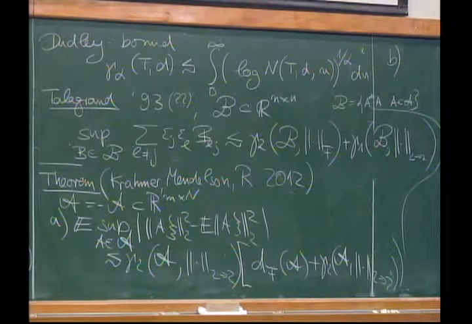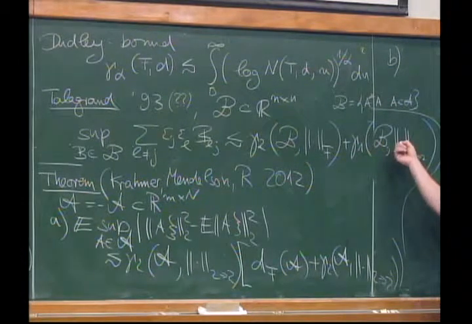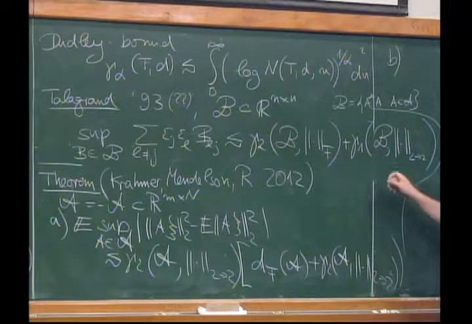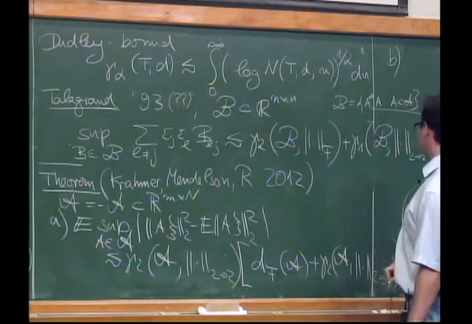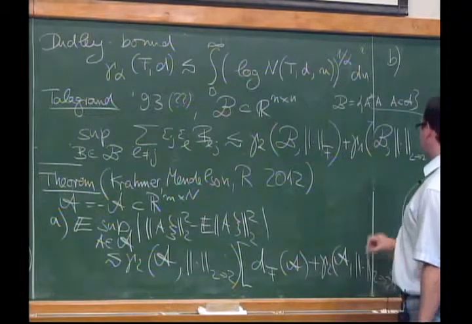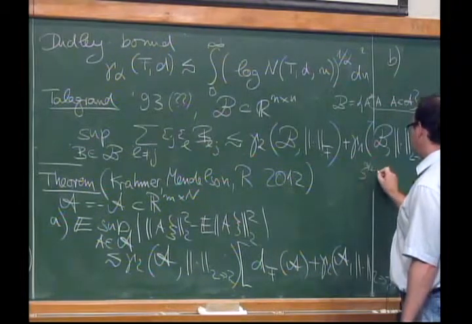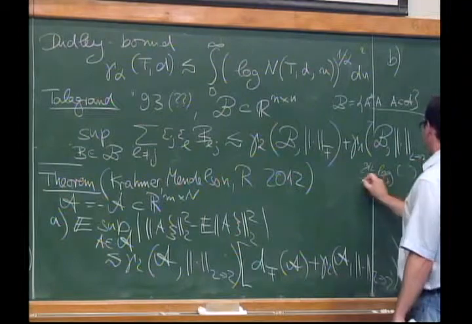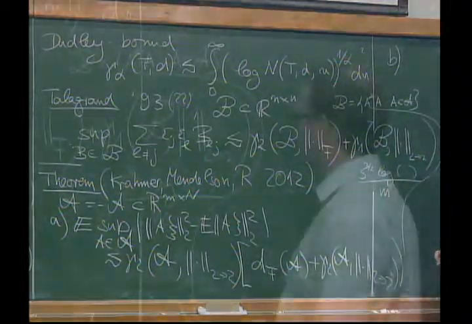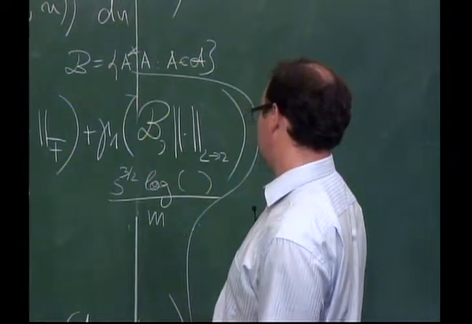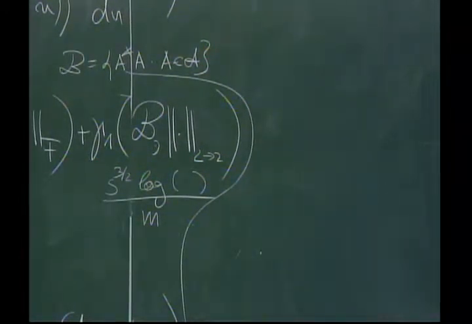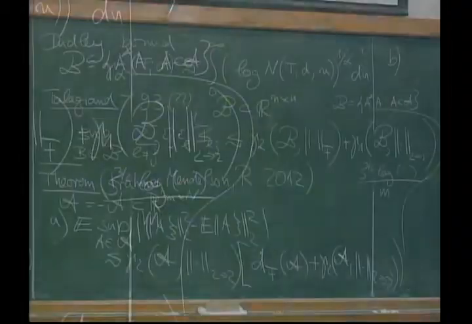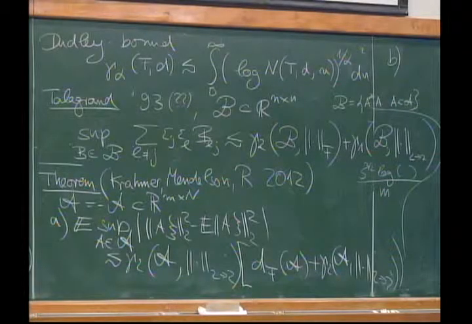So we needed a number of measurements which scales like, I don't remember exactly, but something like s to the 3½ times log something divided by m. I guess my question is whether that is really what's happening in gamma 1, or might it be that the upper bound is a loose upper bound?